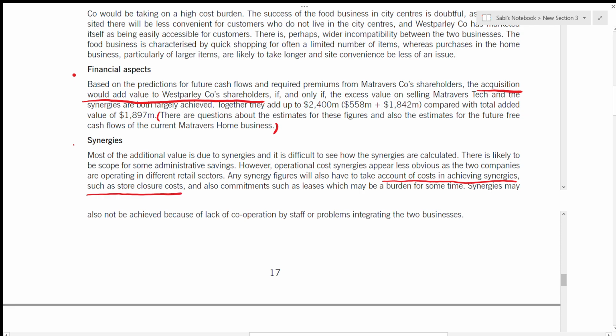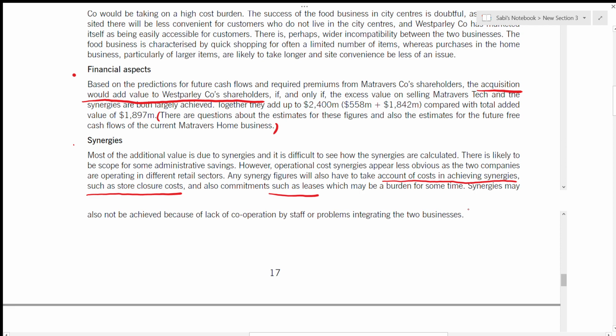You are closing some stores and there are costs for closing those stores. And also commitments such as leases, which may be a burden for some time. You may be taking leases if you have to go for a store. You're not purchasing a store outright on a land.